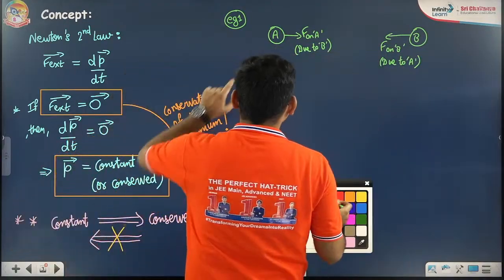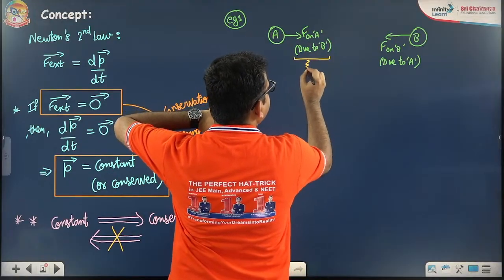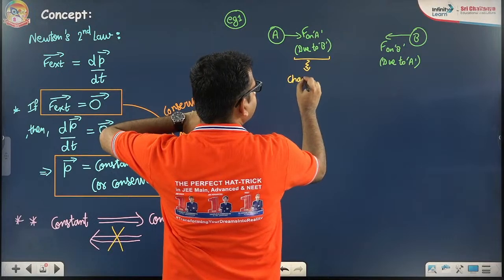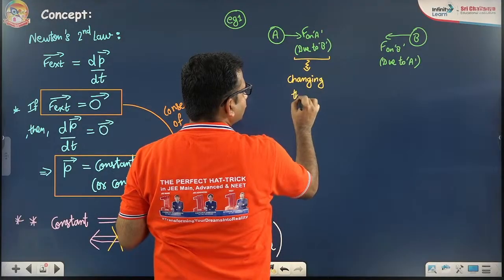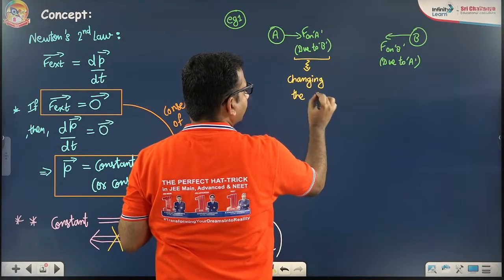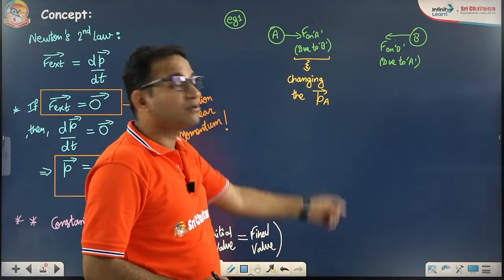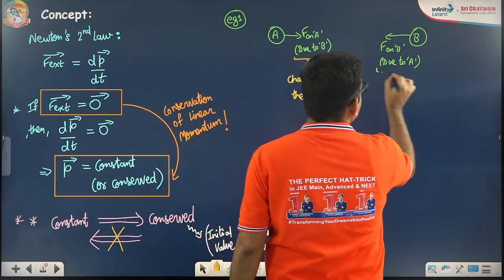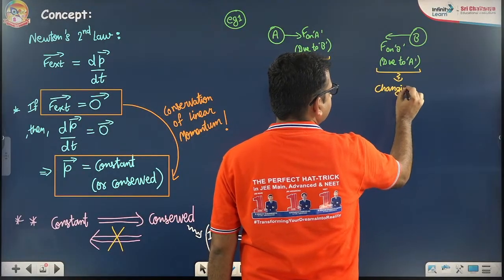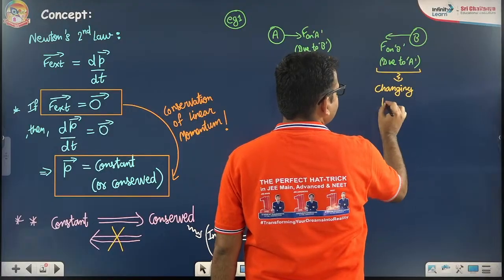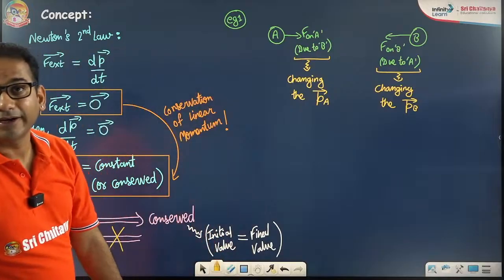Now, what will this do? The unbalanced external force acting on A will change the linear momentum of A. The unbalanced external force acting on B will change the linear momentum of B.